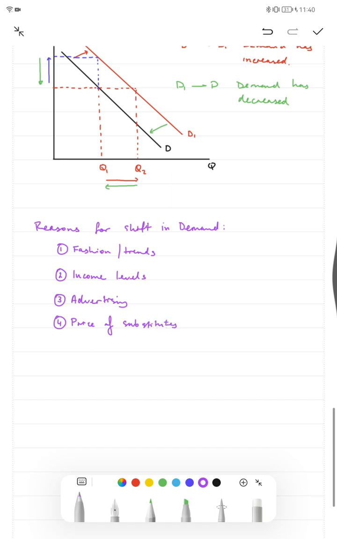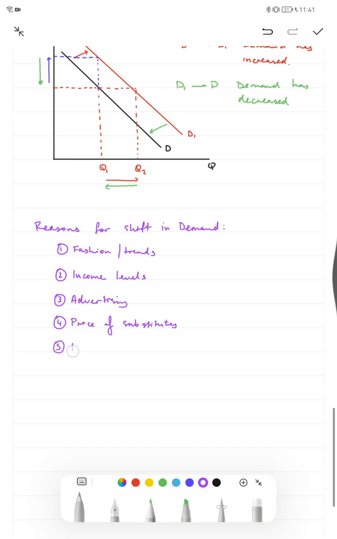So a substitute, remember, is a product that you can replace another product with. So let's take toothpaste. If we had two brands of toothpaste and the one that I usually buy is more expensive, I will shift to a different brand. Or cars and buses. For example, if cars became really expensive, the demand for buses would increase because people can't afford cars, so they would use buses.